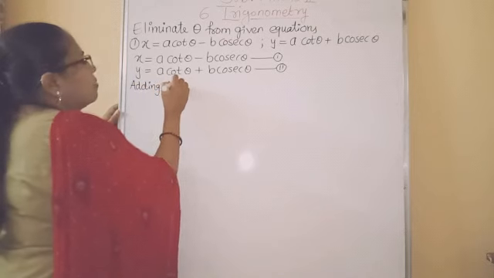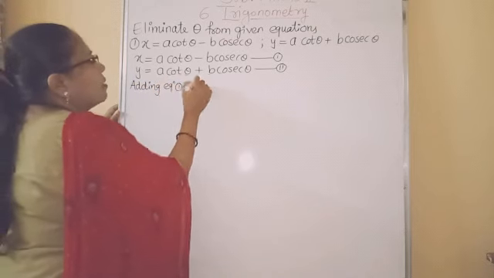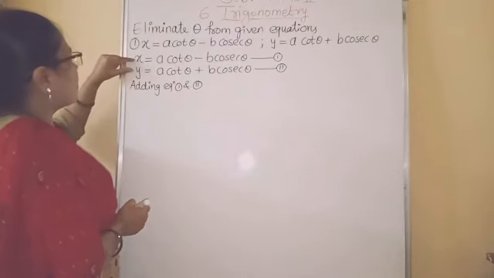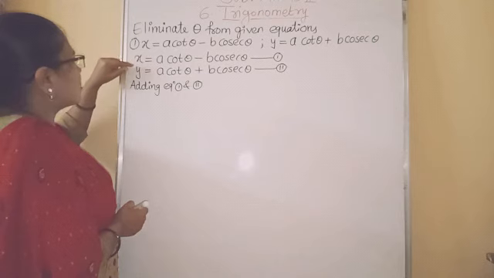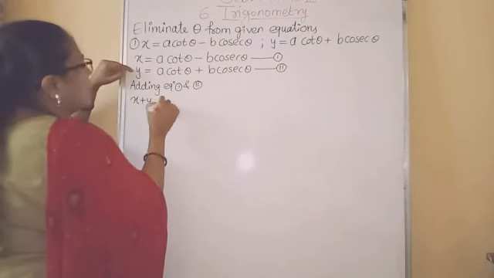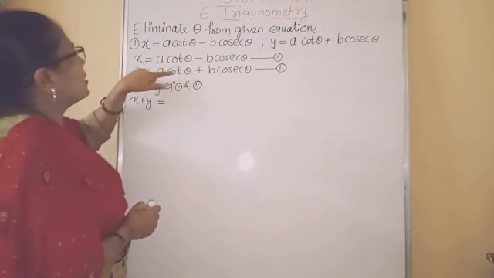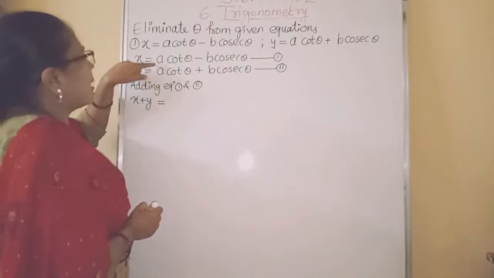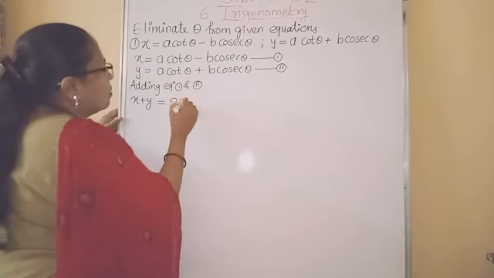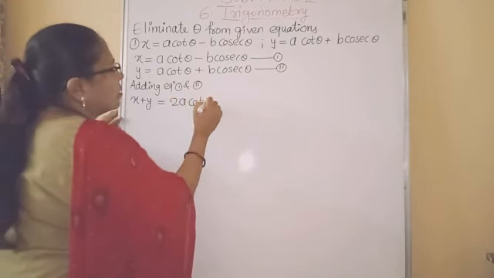Adding equation 1 and 2. If you add the equations, on the left hand side we get x plus y equal to a cot theta plus a cot theta. A plus a, 2a. So here we will get 2a cot theta.